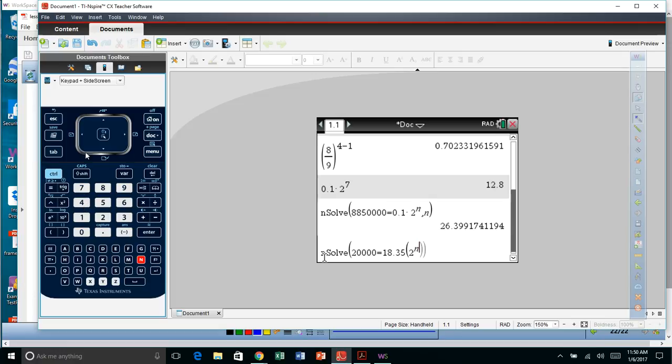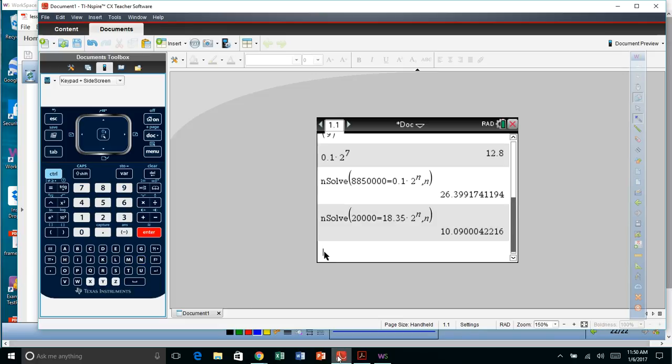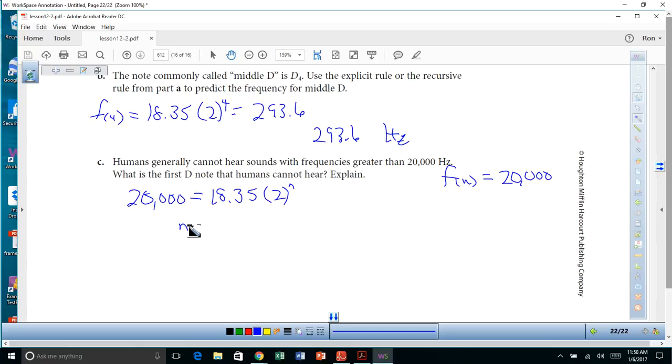And we're looking for n, so comma n. You got to put that in or it won't work. Press enter, and you got 10.09. So n is approximately 10.09. Okay, the first D note that humans cannot hear is going to be D sub 11.